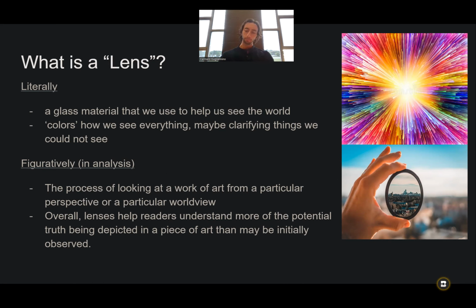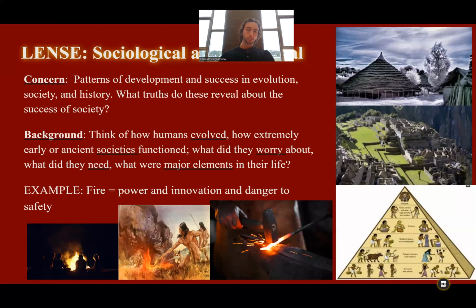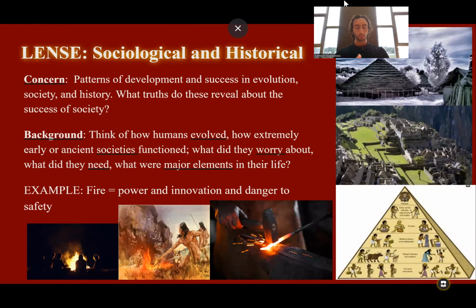Now, what we're going to see as we go through this group of notes is that, as I have created it, there are 5 or so major groups of lenses, major types of lenses that we would use. And within those 5, there are more specific, narrower lenses that we could use.